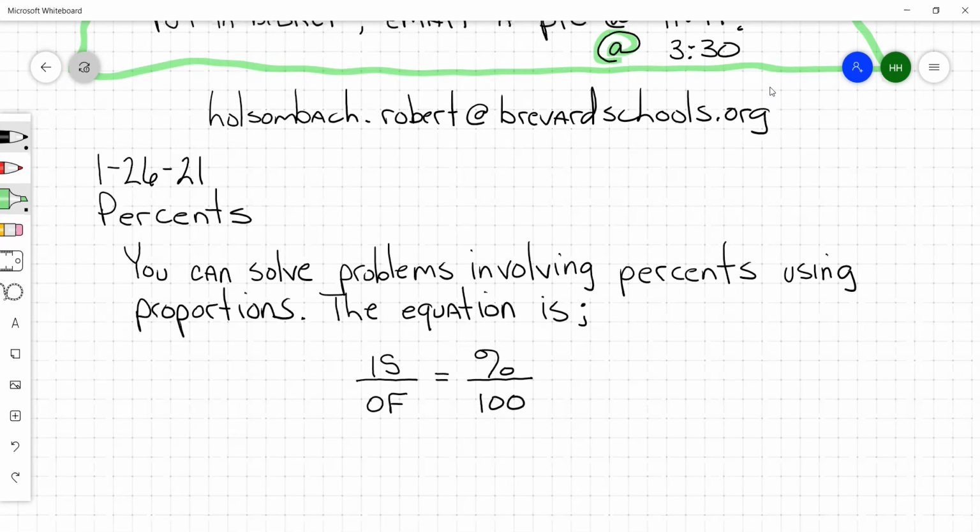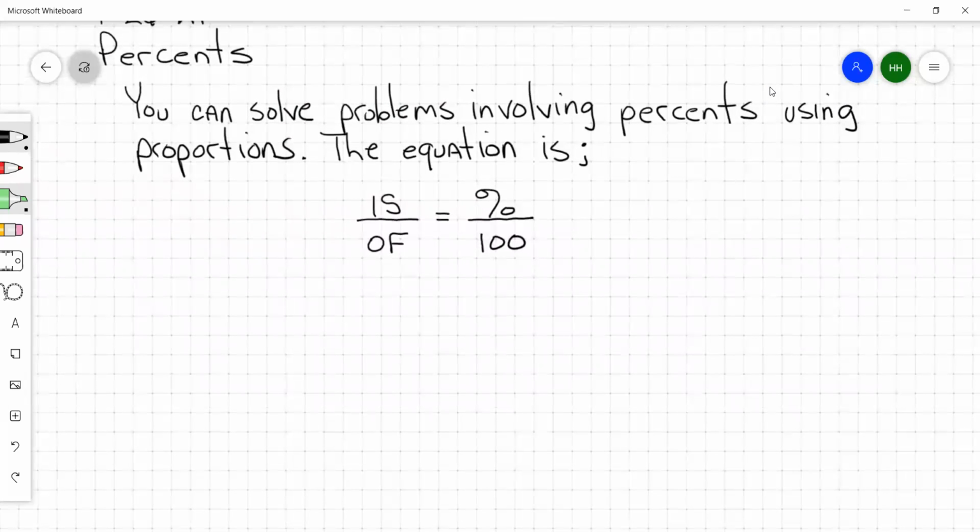That will make a little more sense when we start doing some practice problems, but it's a very simple way for you to calculate percents and solve percent problems. You're going to see three types of problems today.